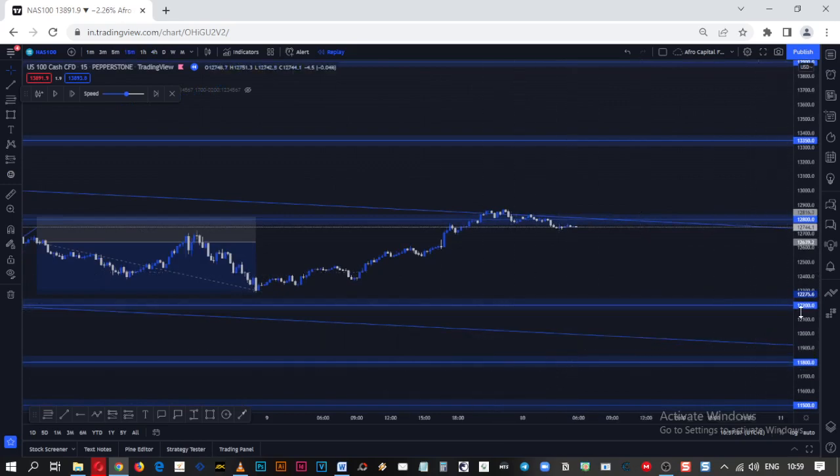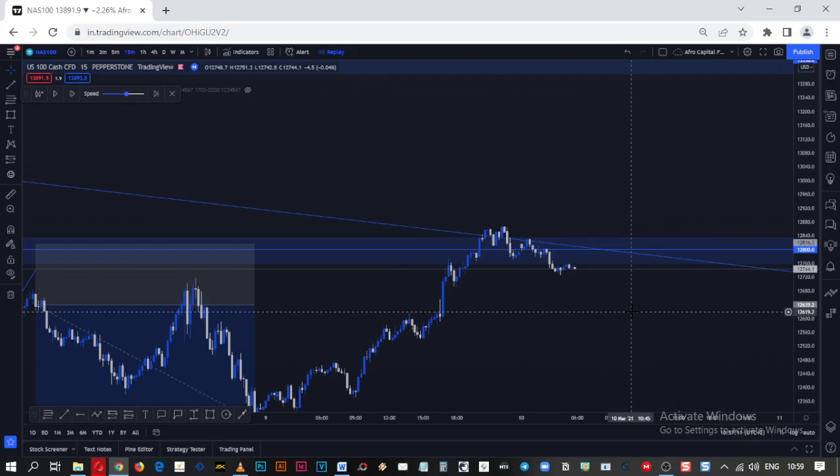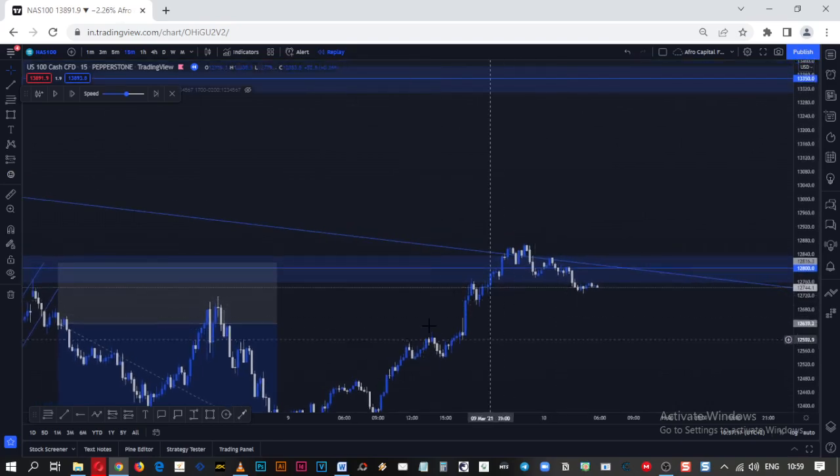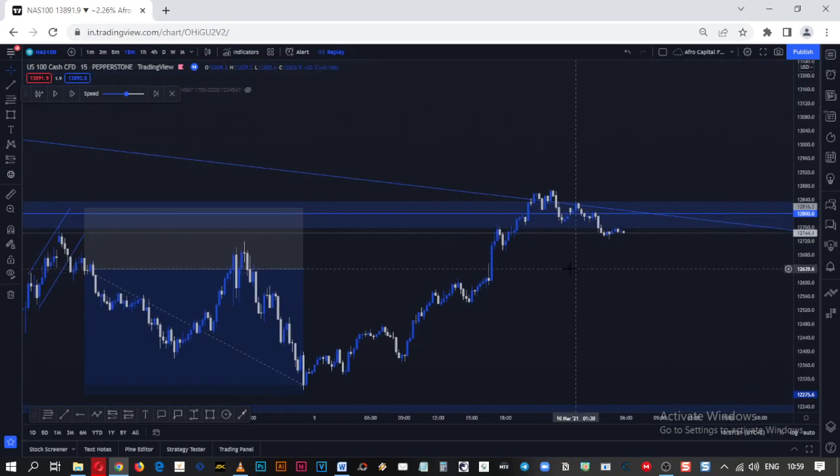Here's an interesting part. Very, very much interesting. Just watch how tricky Nasdaq can be. Nasdaq can be very, very tricky, because now you have approached your psychological key level. You are creating some sort of a channel.